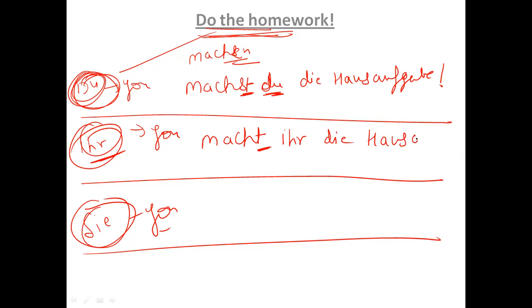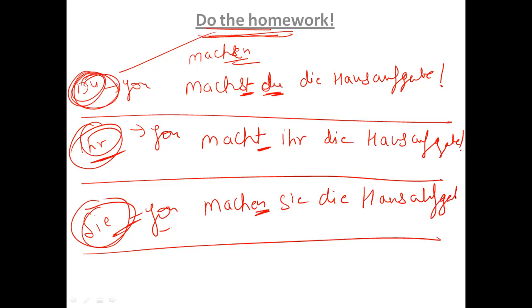This is what we have learned so far. I did not tell the rule so far. And in Sie it should be machen Sie die Hausaufgabe. And all these sentences give you the same meaning.